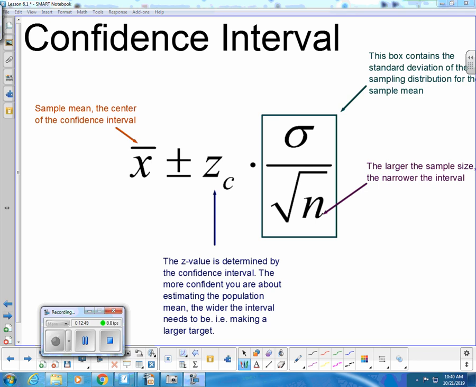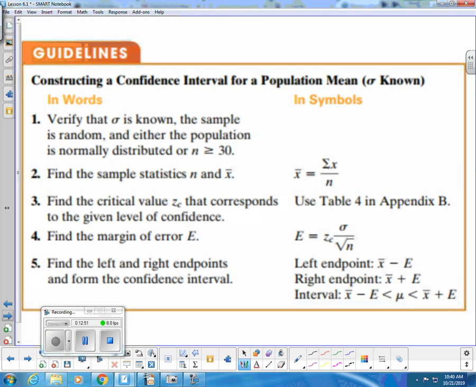So here are your guidelines. First thing you want to know is verify that your standard deviation is known. If it's not, we're going to go on to the next chapter or next section. The sample is random and either the population is normally distributed or n is greater than or equal to 30. If these things are there, then you can continue with this formula. Find the sample statistics n, which hopefully they're going to give you, and the sample mean.